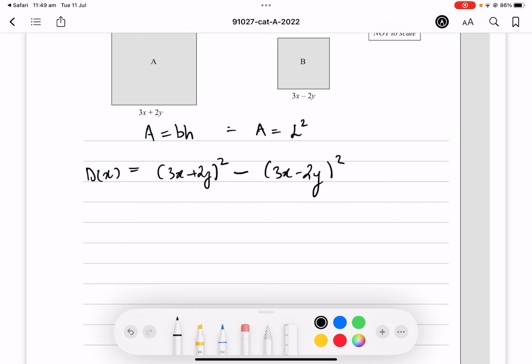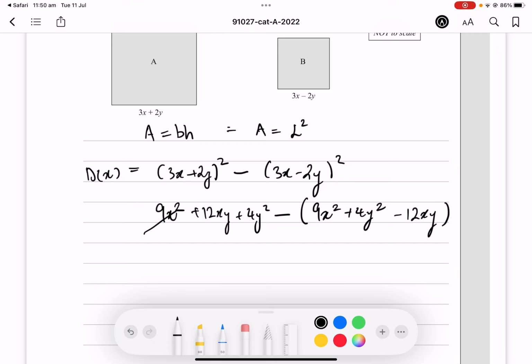So we have 9x squared plus 12xy plus 4y squared minus 9x squared plus 4y squared minus 12xy. So in this case, the 9x squared will cancel each other out, as does the 4y squared. And we have 12xy minus of 12xy, so that's a double negative, which is a positive. So we have 12xy plus 12xy, and that is equal to 24xy.